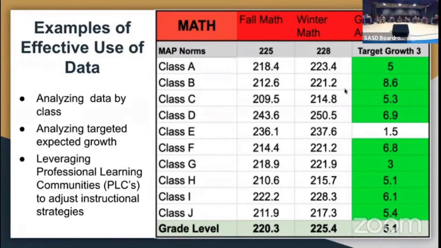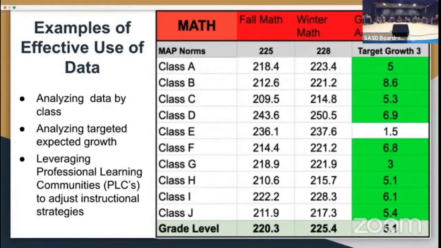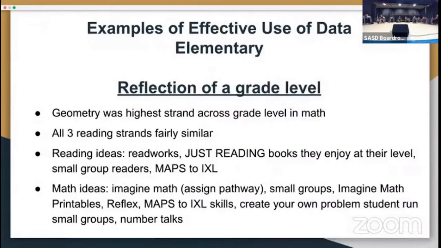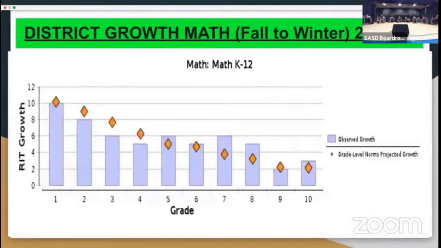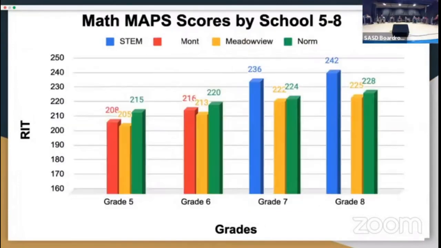Mr. Lyden. Could you go back to the slide on reading? I didn't catch the number all the way back before you went into the math. For growth or achievement?